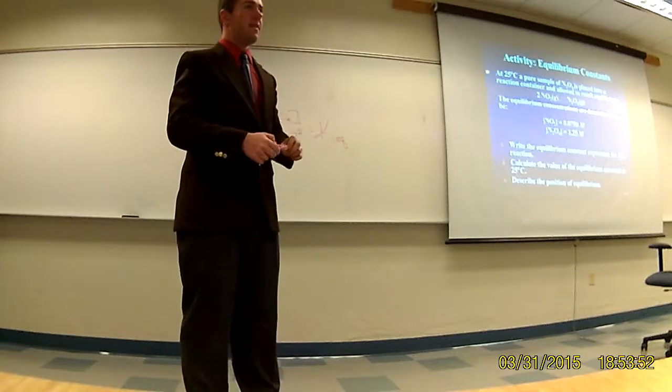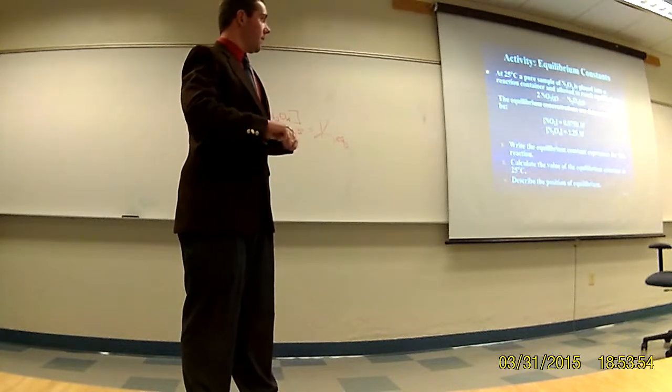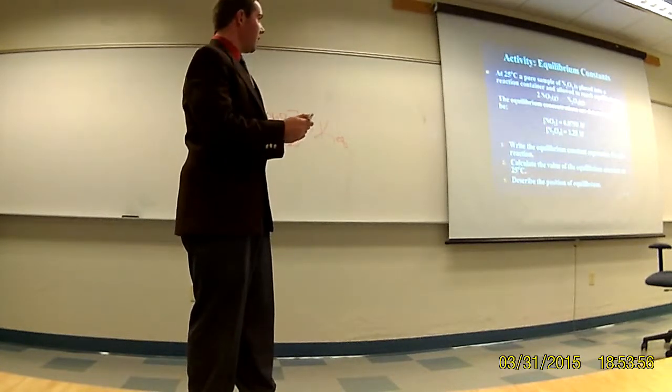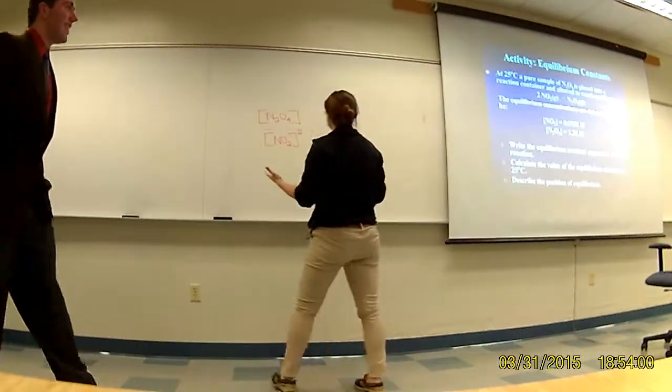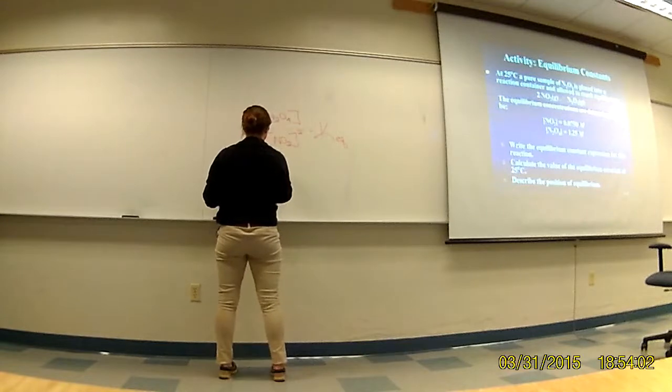You want to do it? I mean, I might need help with the math ahead of time, like trying to do whatever 0.0750 squared is. I know how to write it, I just wouldn't.